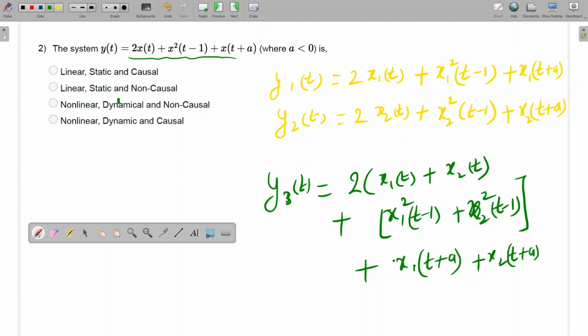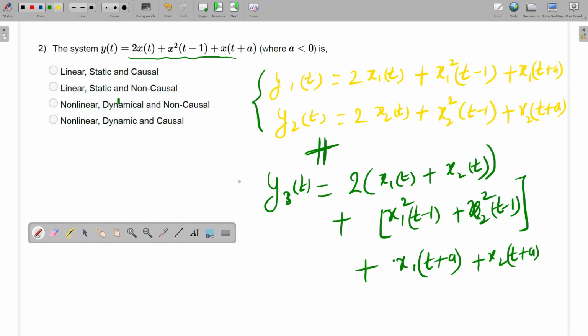Is it clear to all? The same transformation I am applying to x1 plus x2. If we see y1 plus y2, it will not be equal to y3.